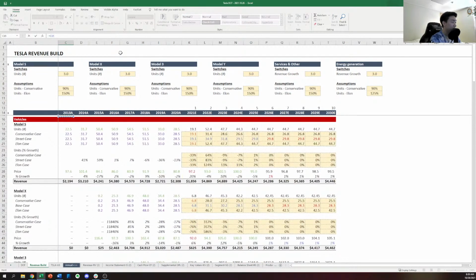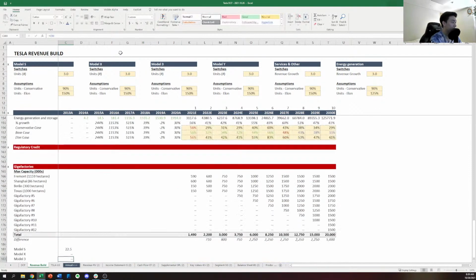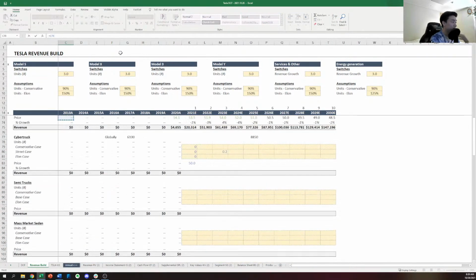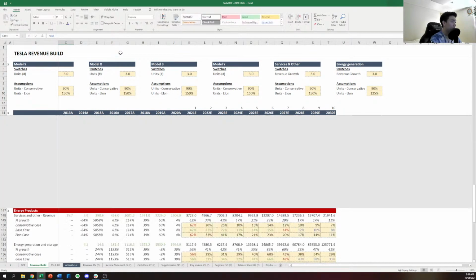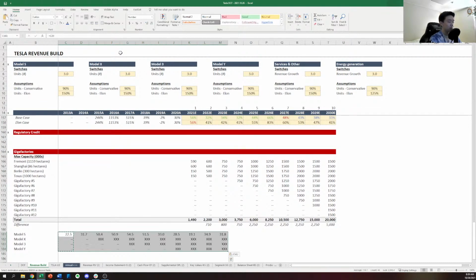That's why I want to know. I don't think I would buy Tesla regardless of what my DCF says, because I think it's probably just going to be too overvalued for me. Not saying that it's a bad company or anything like that. I'm just saying that no matter what this model says, I doubt it's going to really convince me that I should buy Tesla. But I think it's a good thought experiment.